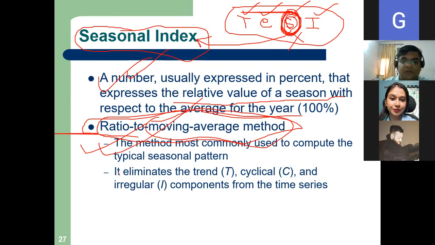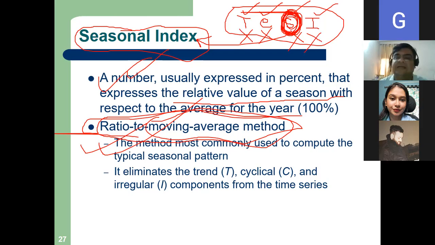What it does is eliminate the trend, cyclical and irregular components from the TCSI. So when we form the index, try to understand, we eliminate all these 3. Okay. So we get the index.